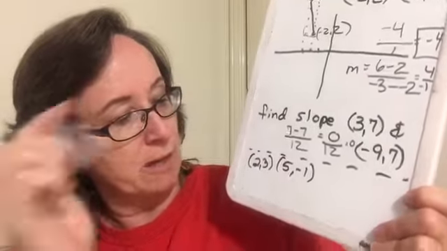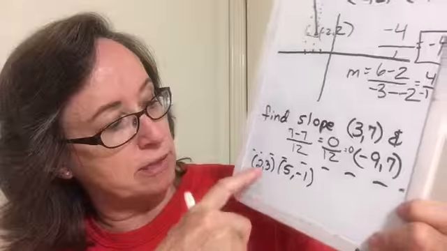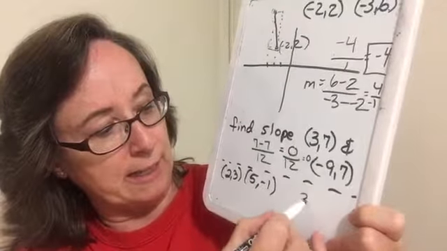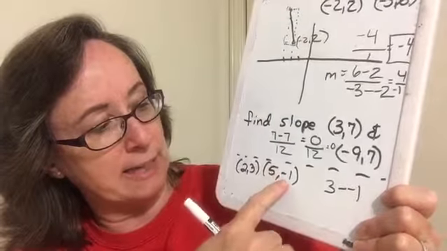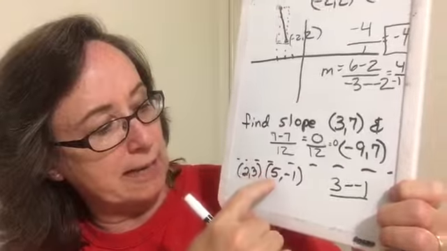All right, this last problem down here before we switch to a new slide is going to be difference in the y's. 3 take away a -1 over 2 take away 5.